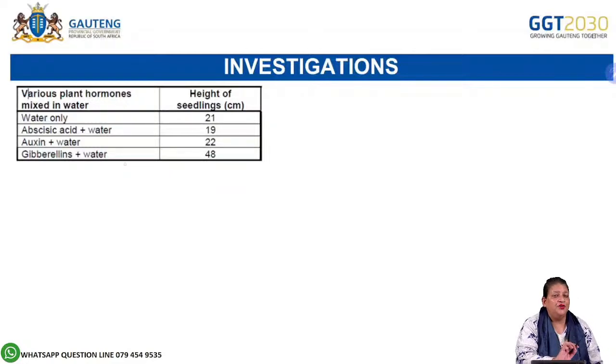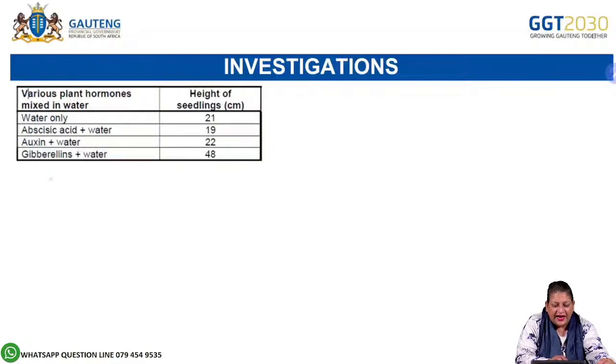Now in your mind, you must know, this one here, if it's only water and no auxins, it looks like that is my control. That if a change occurs, then it has to be because of the auxins. Because here, if there's no change, it's because there's no plant hormones at all. So that's my control, and these are my experiments.